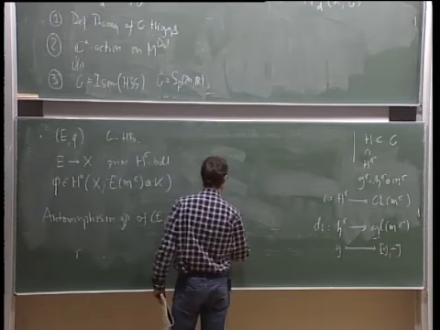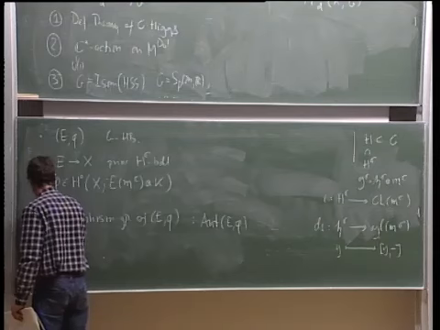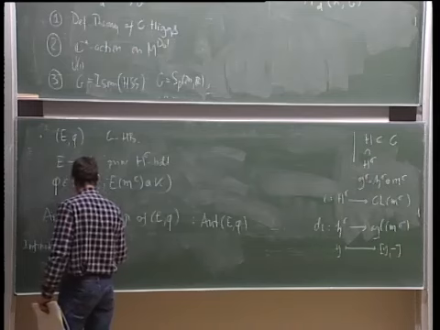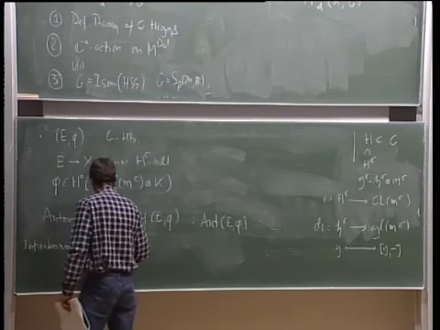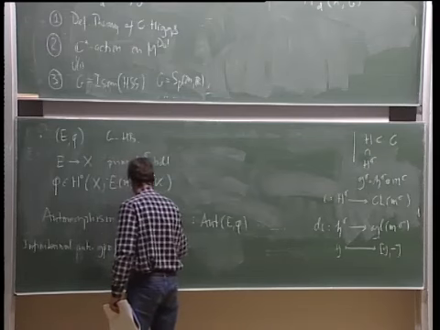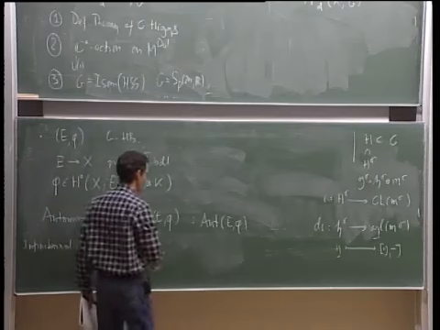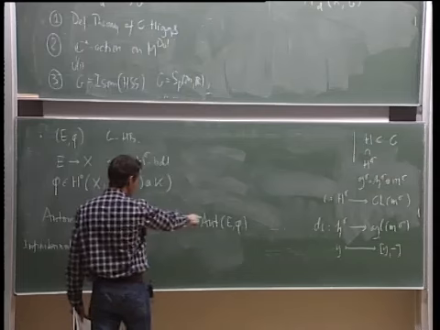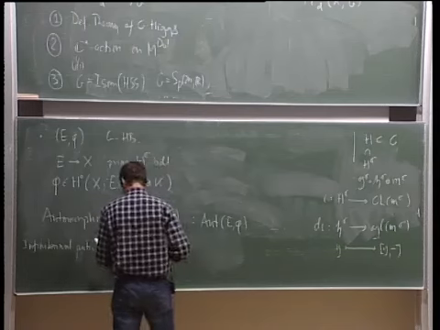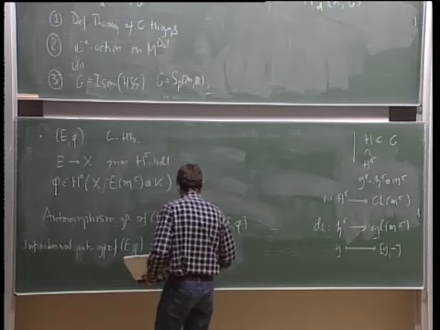And then we can have an infinitesimal automorphism group, so those are just endomorphisms of E that preserve the Higgs field again.